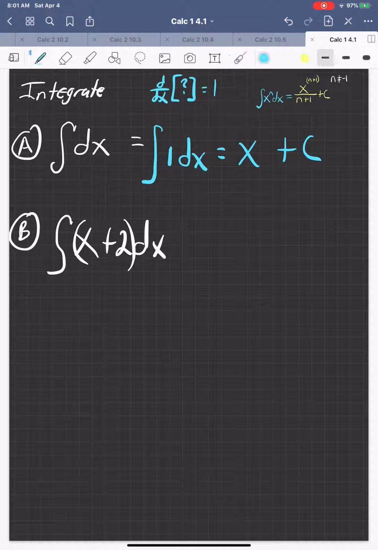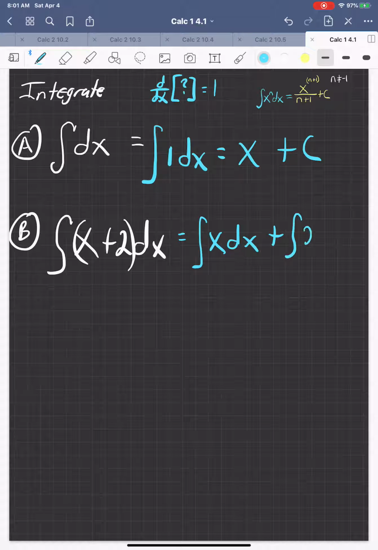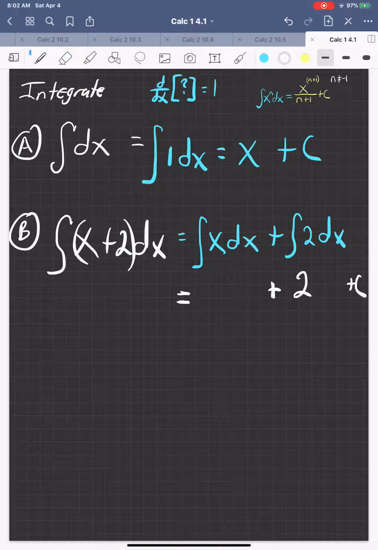Finally, the very last one here. First off, we can set this up as the integral of x with respect to x plus the integral of 2 with respect to x. Now let's go ahead and answer this. We know it's plus c, but if I integrate 2 dx, that's just going to be 2x.